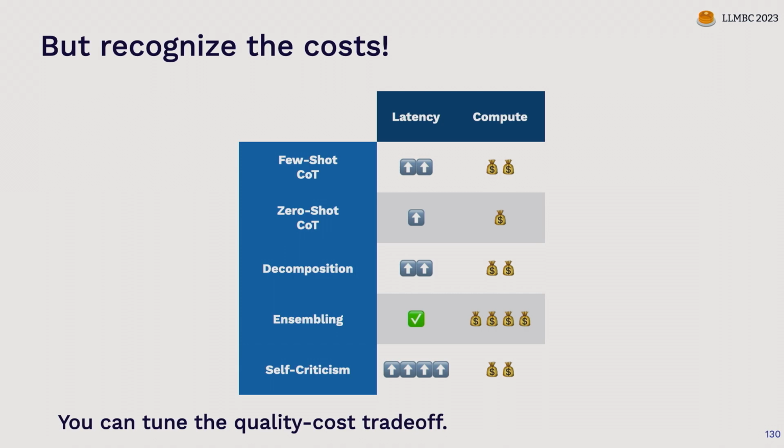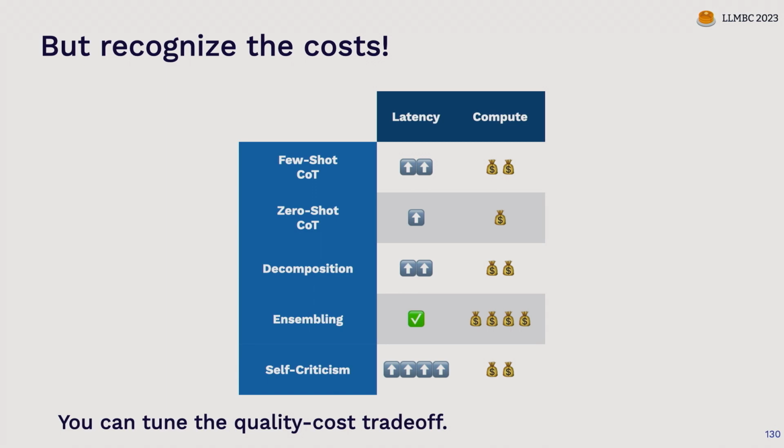It usually adds some latency and some compute, because you're having the model do more than just produce the output token. Similar thing for zero-shot chain of thought, where you just ask the model to think step by step. But usually it's a little bit lower cost and latency because you don't need to introduce as many tokens to the input to describe the specific reasoning that you want the model to follow. All you have to do is say think step by step, and the model is able to add some reasoning.